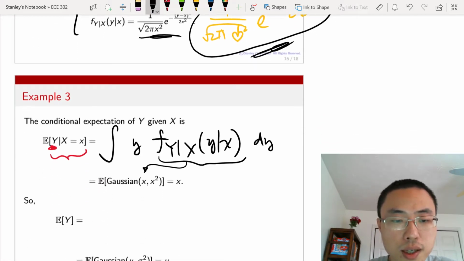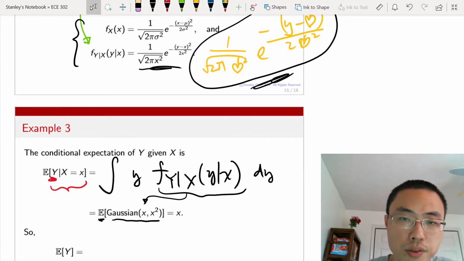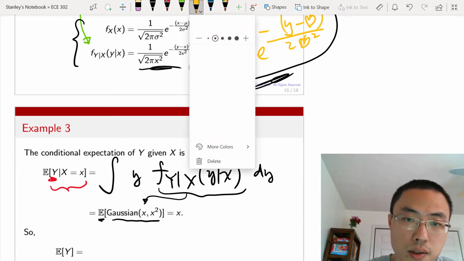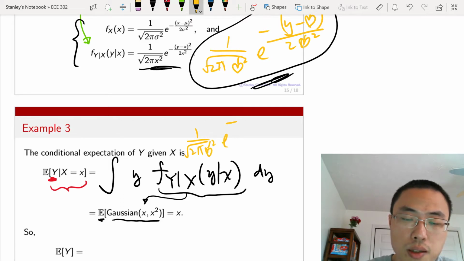It is an expectation of this Gaussian. Why? Because you can plug in this quantity here, which is 1 over root 2 pi apple square, e to the minus (y minus apple) square divided by 2 apple square.